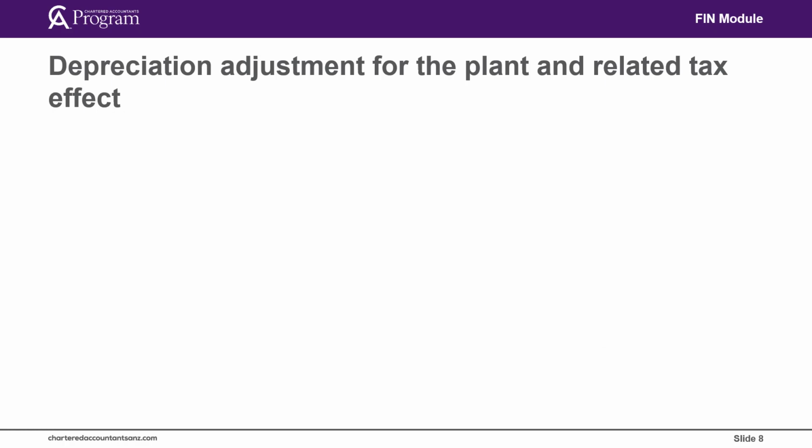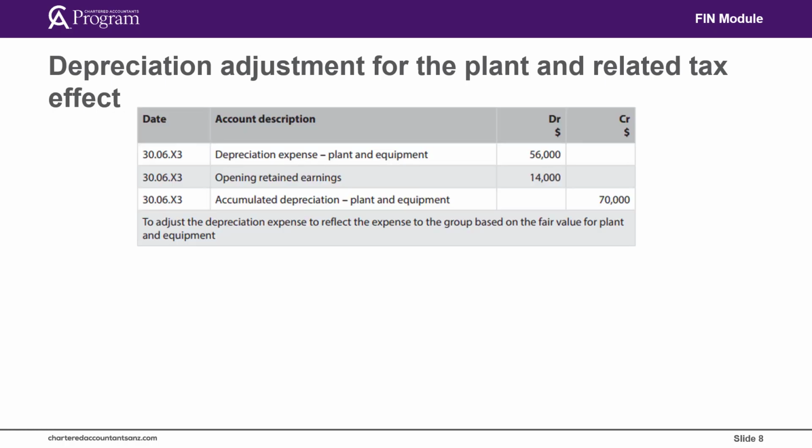As consolidation journal entries don't carry forward, we need to record entries for both the current and prior year depreciation adjustments. The current year depreciation expense gets increased by $56,000, so a debit to depreciation expense.